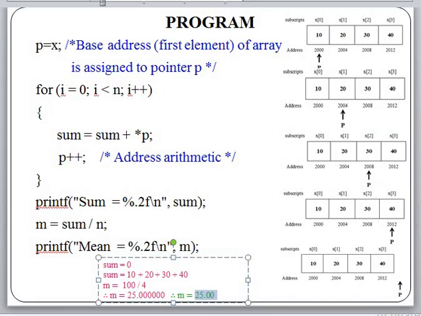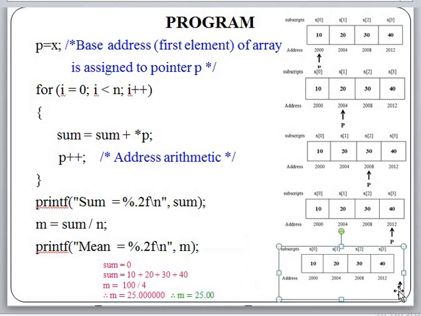So we computed 10 plus 20 plus 30 plus 40 and divided by n, that is 4, and 100 divided by 4 is 25, which is the average or mean. Now the pointer is pointing to a location where there is no value.